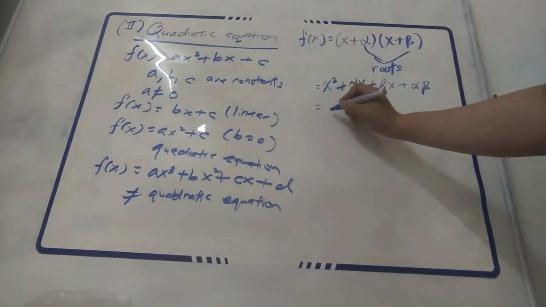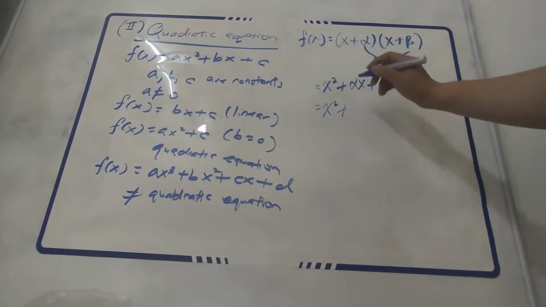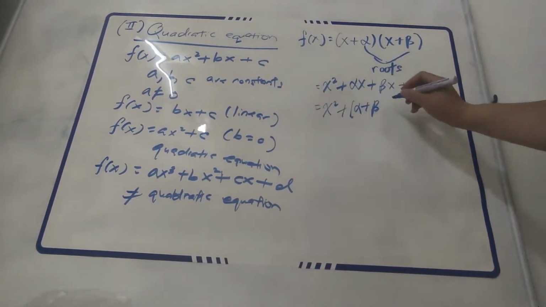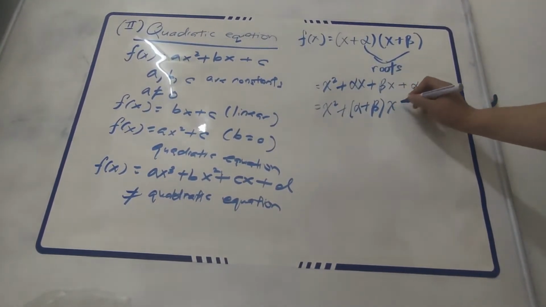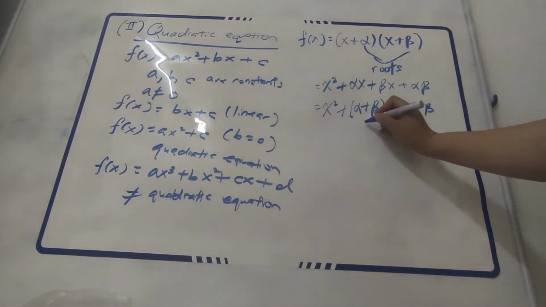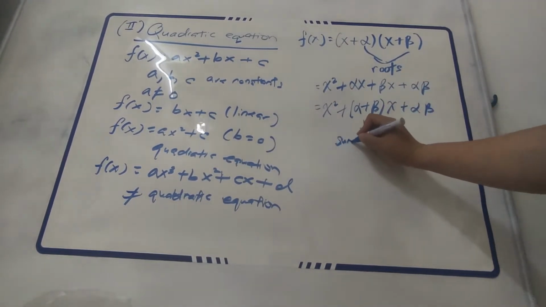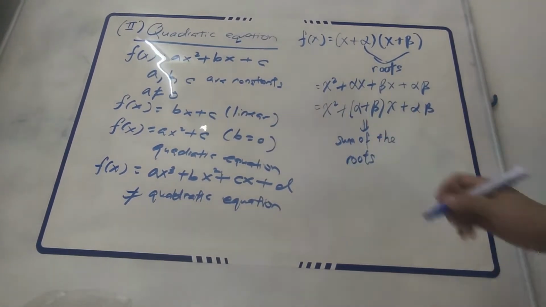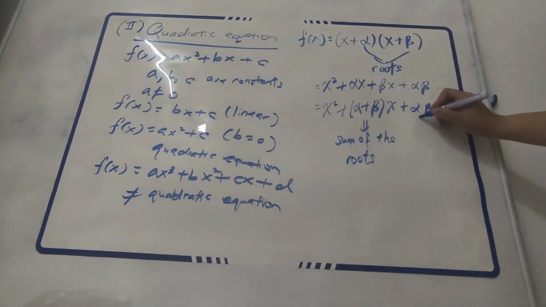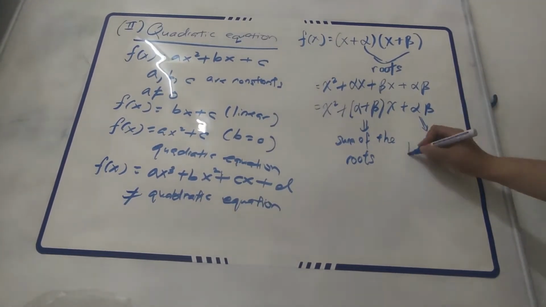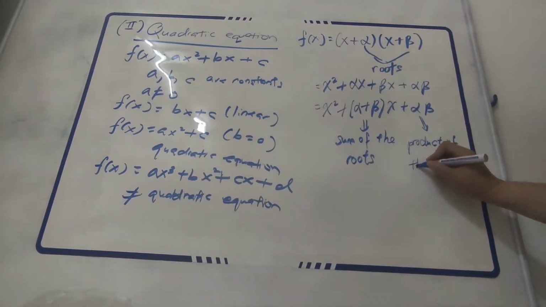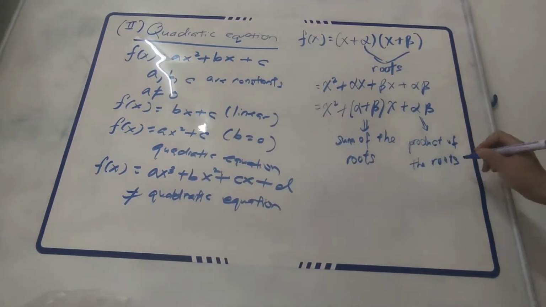Okay, not yet finished. You factorize: x squared plus (alpha plus beta)x plus alpha beta. This part is the sum of the roots, and this alpha beta part is the product of the roots.